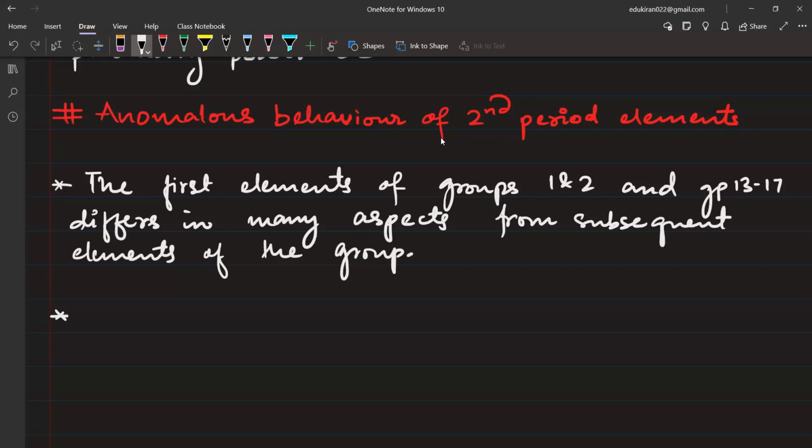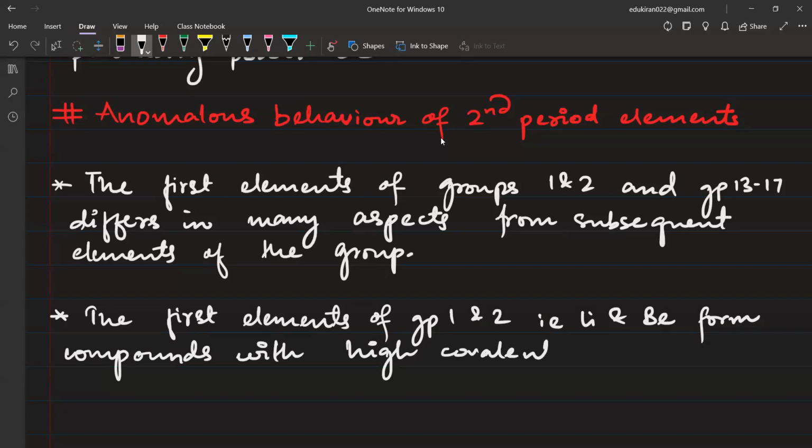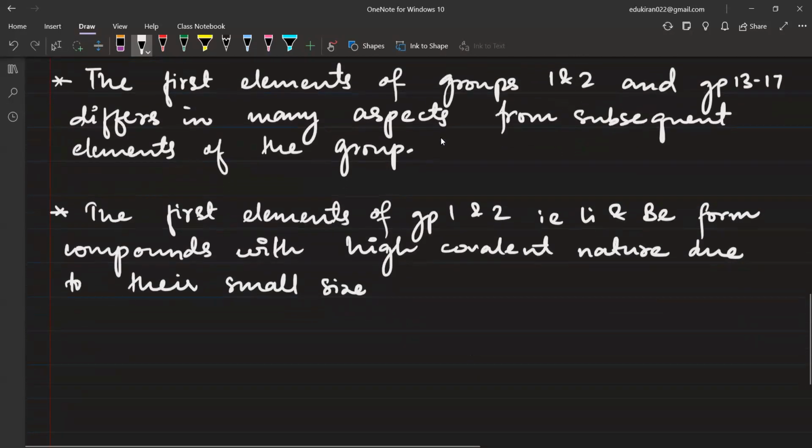So first of all, lithium and beryllium make compounds with high covalent nature because of their small size. सबसे पहले इसी पॉइंट को लिखिए: the first element of group 1 and group 2, that is lithium and beryllium, form compounds with high covalent nature due to their small size. Next, please write.